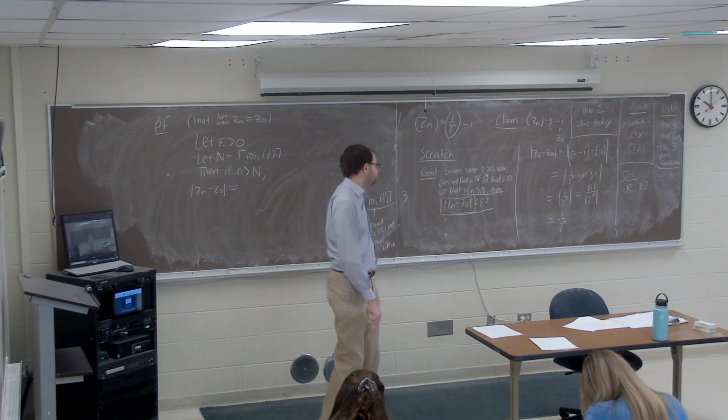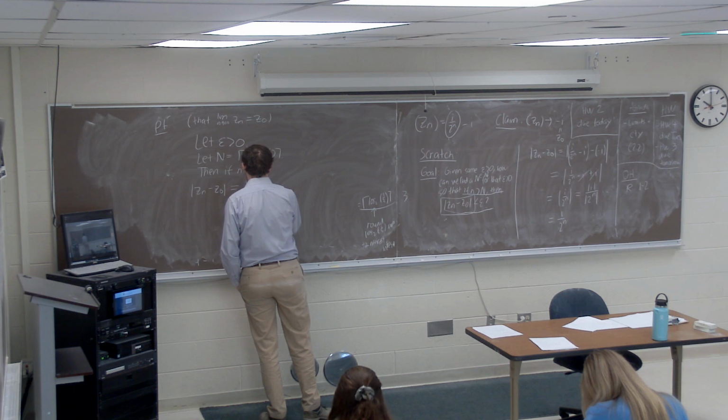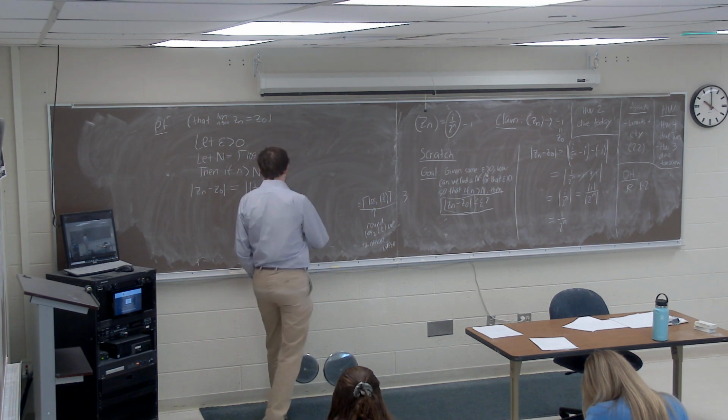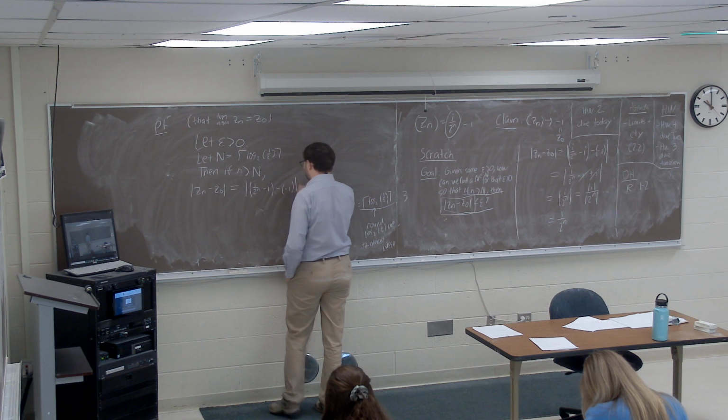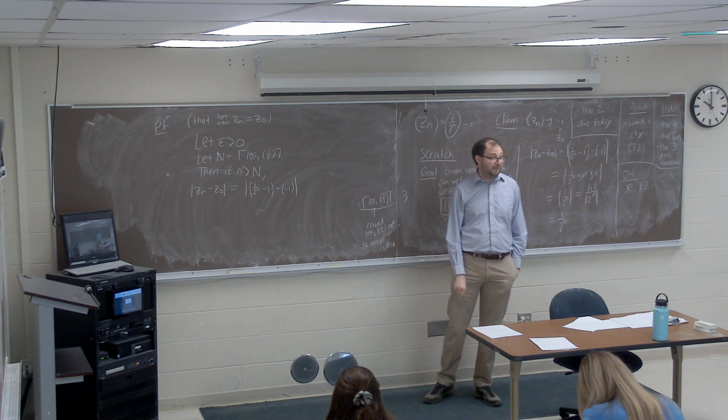Oh, was it i over 2 to the n? Minus i, and our z naught was minus i? Yeah, so we plug that in here, we get this expression: i over 2 to the n minus i minus negative i.